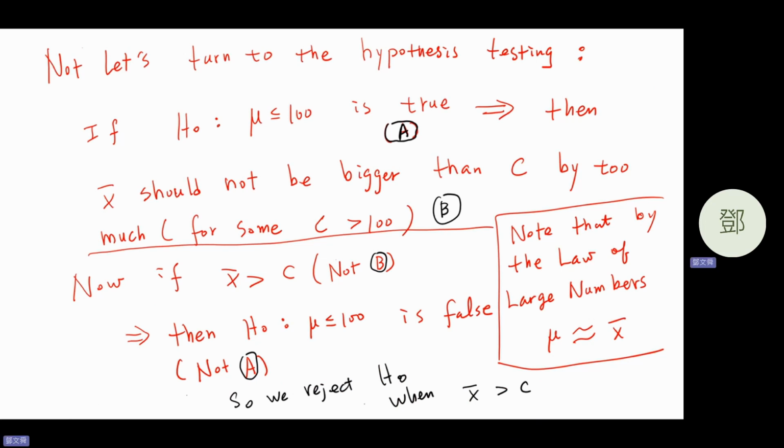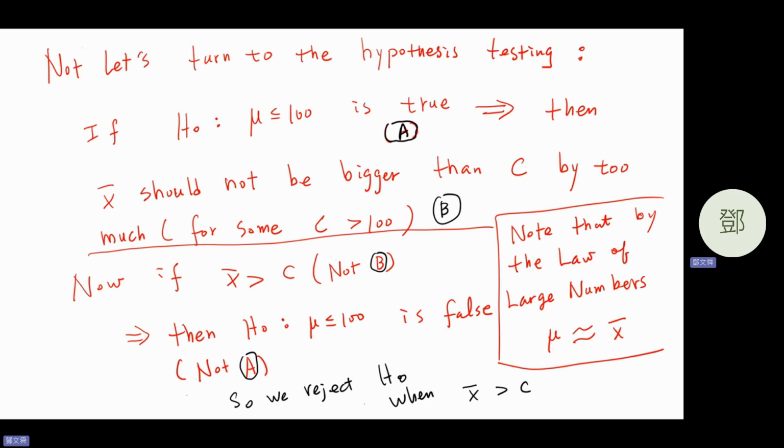If H0 is true, that is A: the null hypothesis states that mu is smaller than 100, and this is true, then B is true. Then X bar should not be bigger than C by too much, for some C bigger than 100.